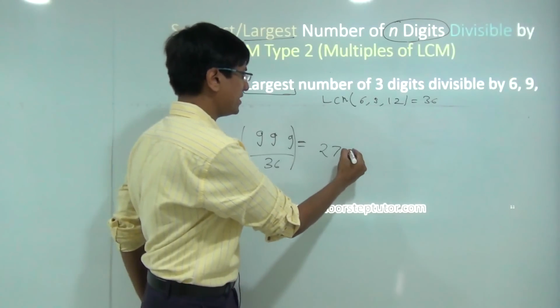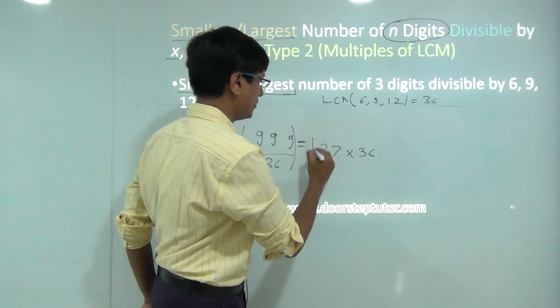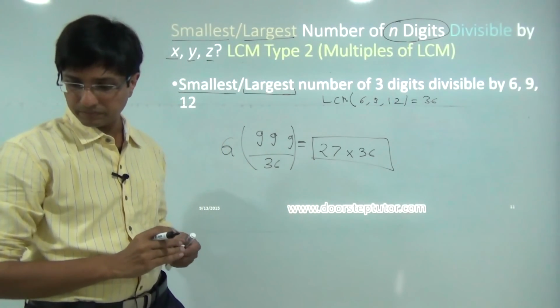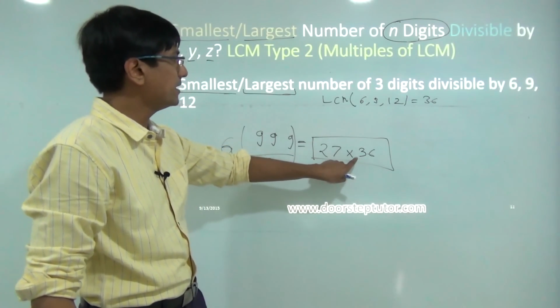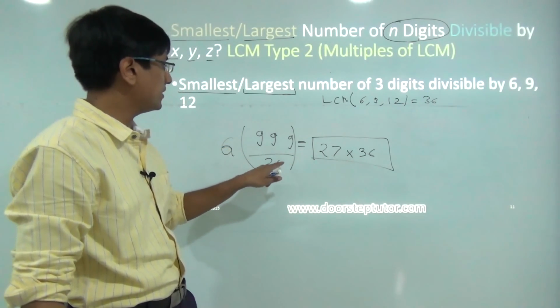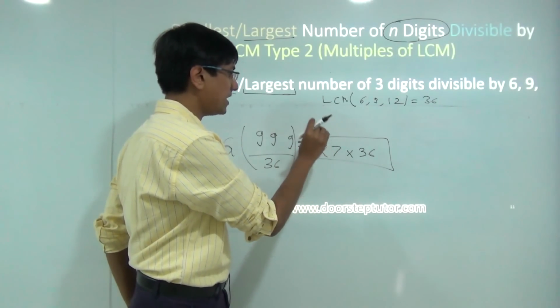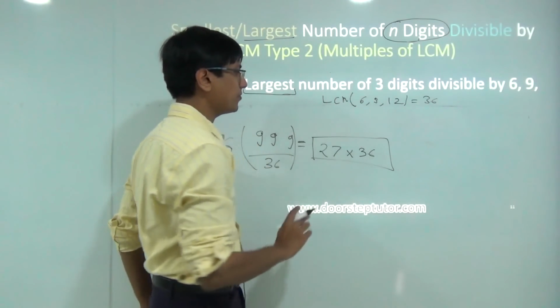So 27 into 36 is the largest 3-digit number which is completely divisible by 6, 9 and 12.